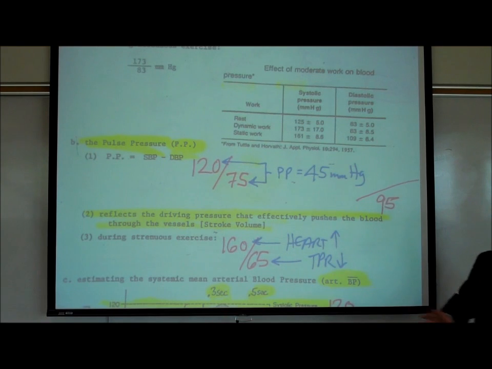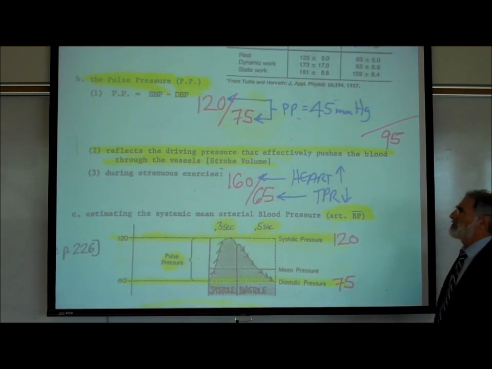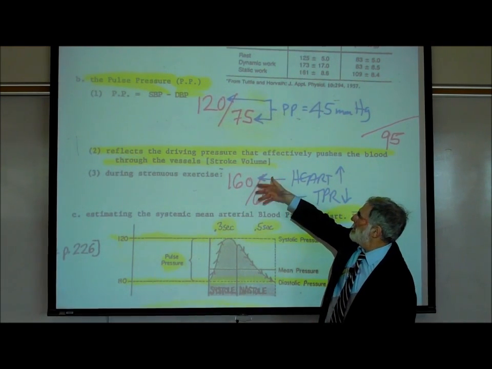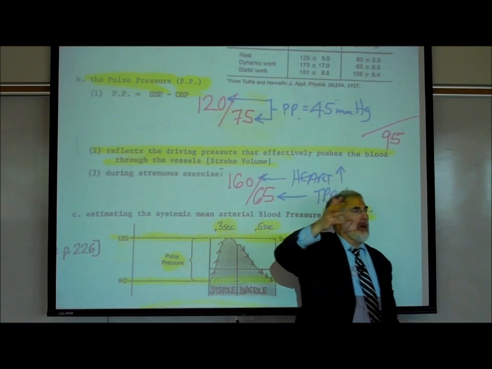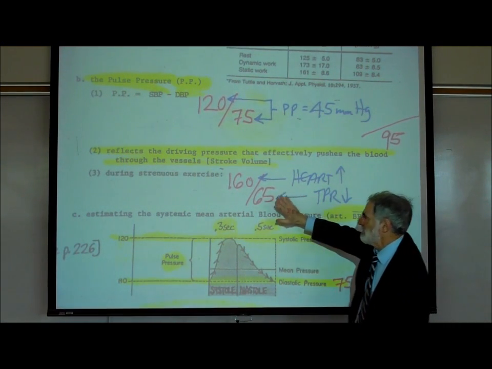Now, I'm not going to get into a lot of details on this. I will say this much, that during very strenuous exercise, you tend to see the systolic go up, and either the diastolic remains the same or it may even go down.